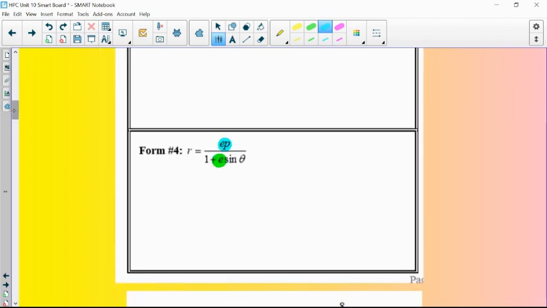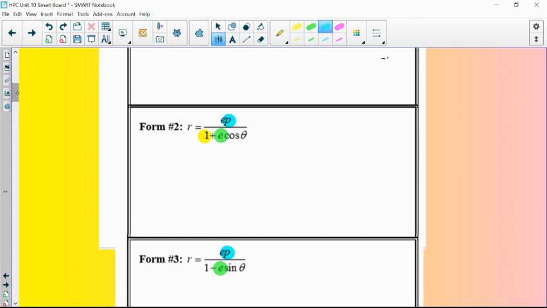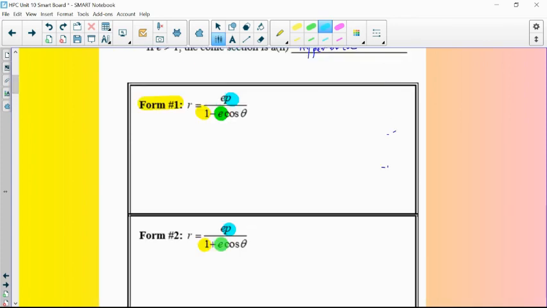And your p value represents the distance the directrix is away from the pole. So what I'll write down is: your p value is the distance the directrix is from the pole.